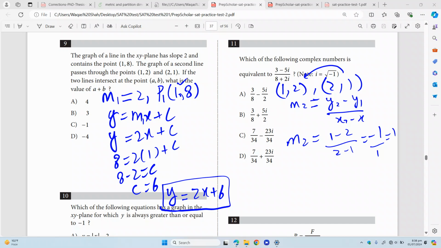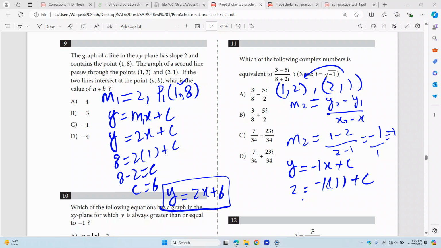Now write this in the general form of the equation of a line. So it will be y is equal to mx plus c. M is equal to minus 1, so minus 1 x plus c. Now plug any point, it's up to you, either you can plug this point or the second point. So if you plug the first point, it will be 2 is equal to minus 1 times 1 plus c.